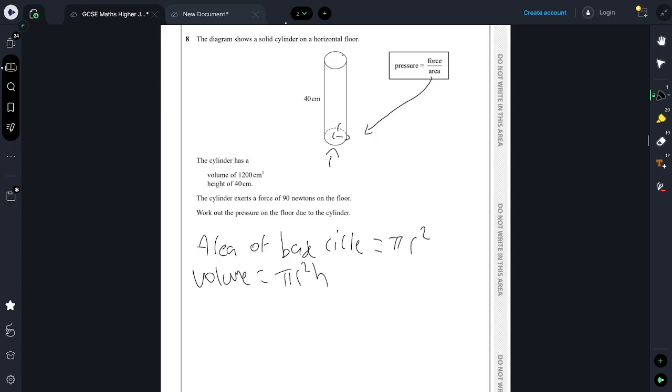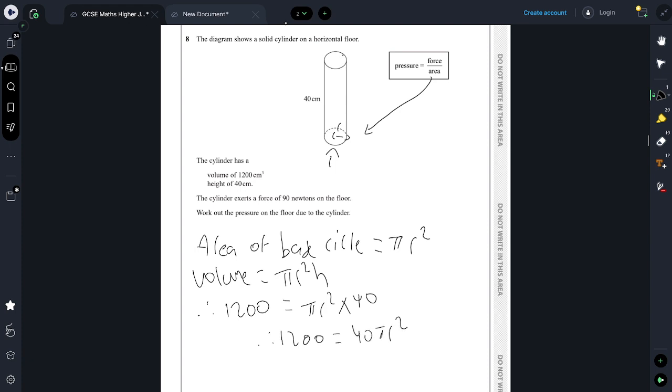And we're given the height and the volume. So therefore 1200 is pi r squared times 40. So therefore 1200 equals 40 pi r squared.